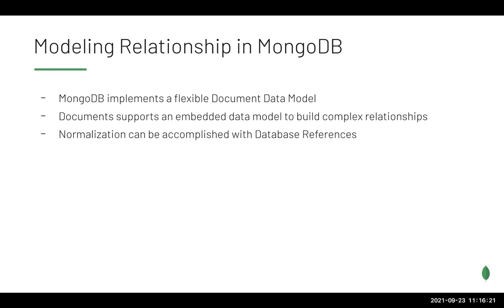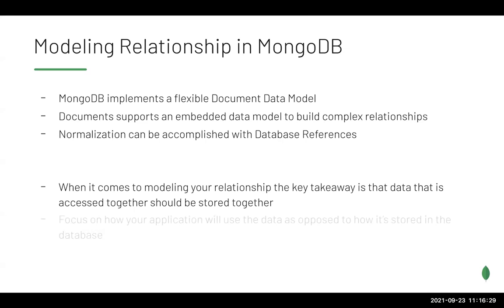These documents support an embedded data model that allows you to build complex relationships within a single document. But if you need to, normalization can be accomplished with database references, and we'll talk briefly about that as we move throughout the presentation.